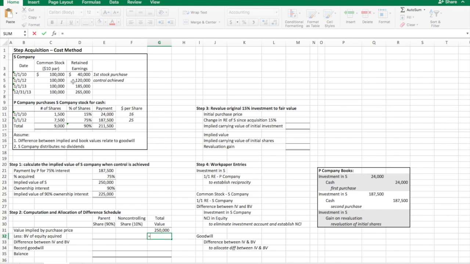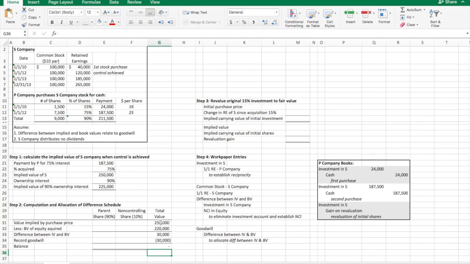So we need to take $120,000 for retained earnings plus $100,000 for common stock, and the difference between those is the difference between implied and book value, which is $30,000. And then we were told that all of the difference relates to goodwill, and so we can allocate all of it to goodwill here, and then the balance will be 0.